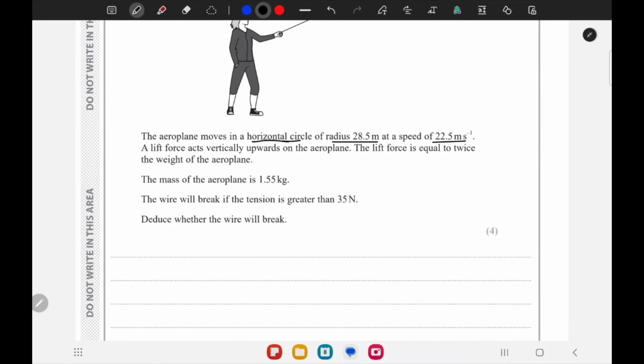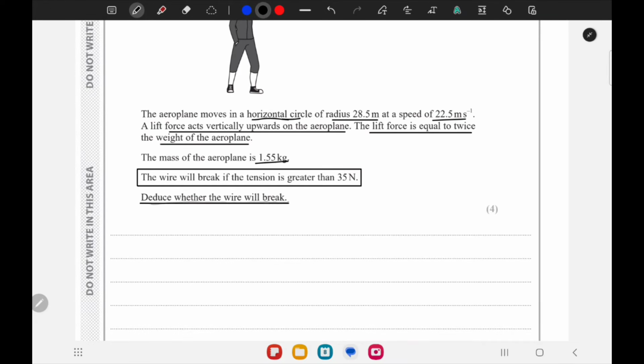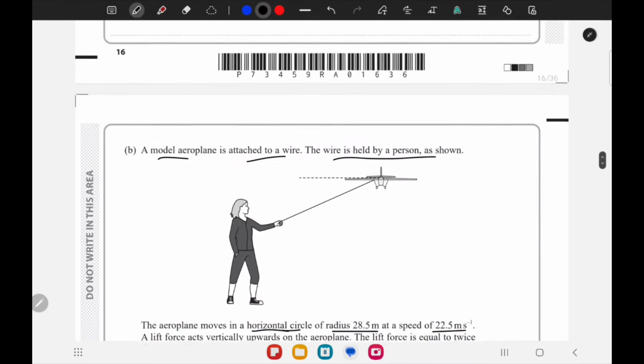We are given that a lift force acts vertically upwards on the aeroplane and that the lift force is equal to twice the weight of the aeroplane. We are given the mass of the aeroplane and a further piece of information that the wire will break if the tension is greater than 35 Newton. We have to deduce whether the wire will break. So we have to find whether the tension will exceed 35 newtons or not for this scenario.